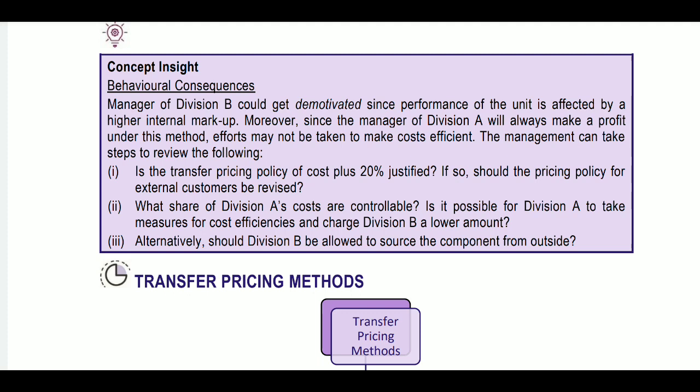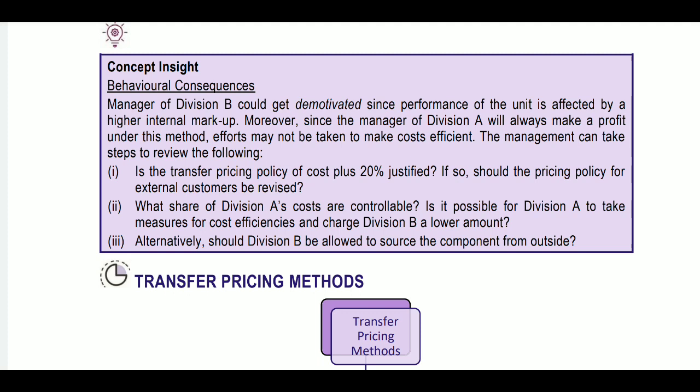Since the manager of division A will always make a profit under this method, efforts may not be taken. A will not make any effort and is still getting more profit. The management steps to review the following. First, we will see whether the transfer pricing of cost plus 20% is justifiable or not.